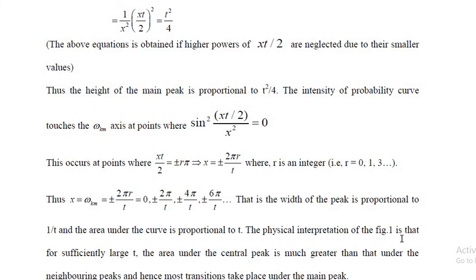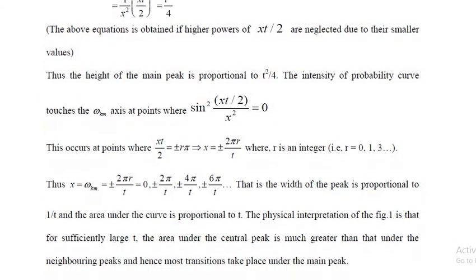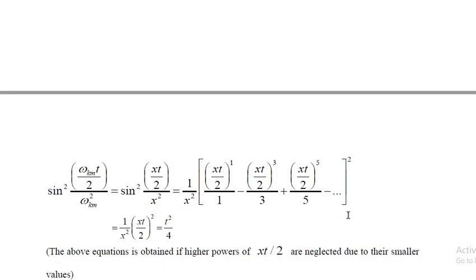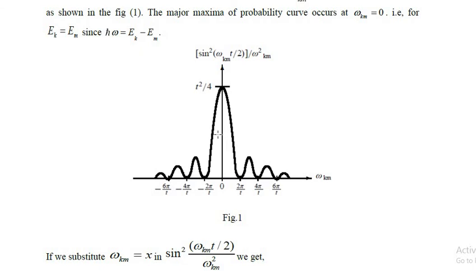The physical interpretation of figure 1 is that for sufficiently large t, the area under the central peak is much greater than that under the neighboring peaks. Hence, most transitions take place under the main peak. So if you see here, this is the main peak, which we can consider the central peak, and it is greater than the neighboring peaks.